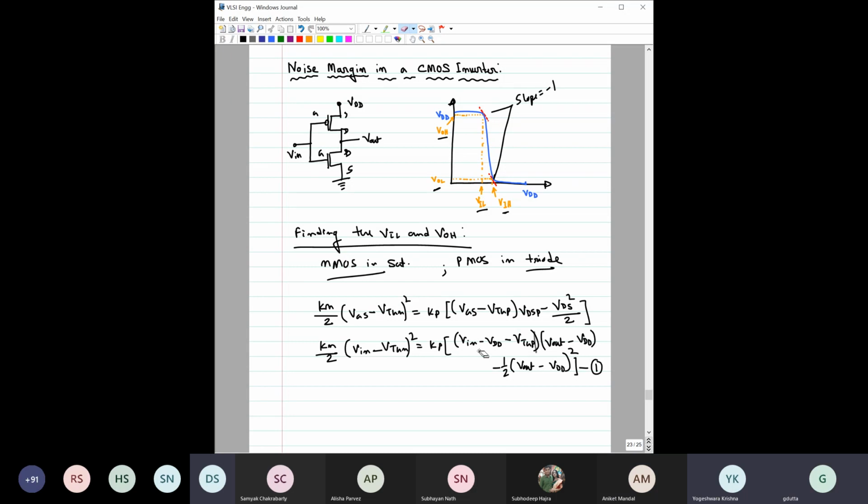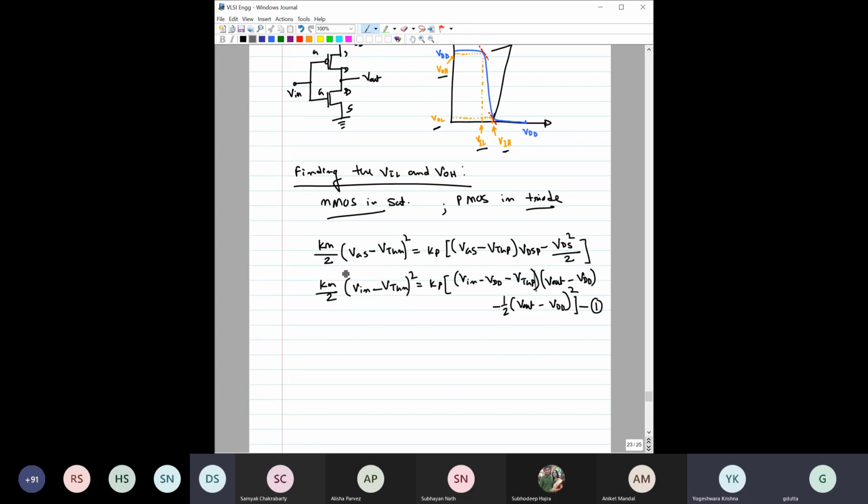So this is a simple calculation. The important thing is that you write the equation properly with proper sign. Then you will get one equation.